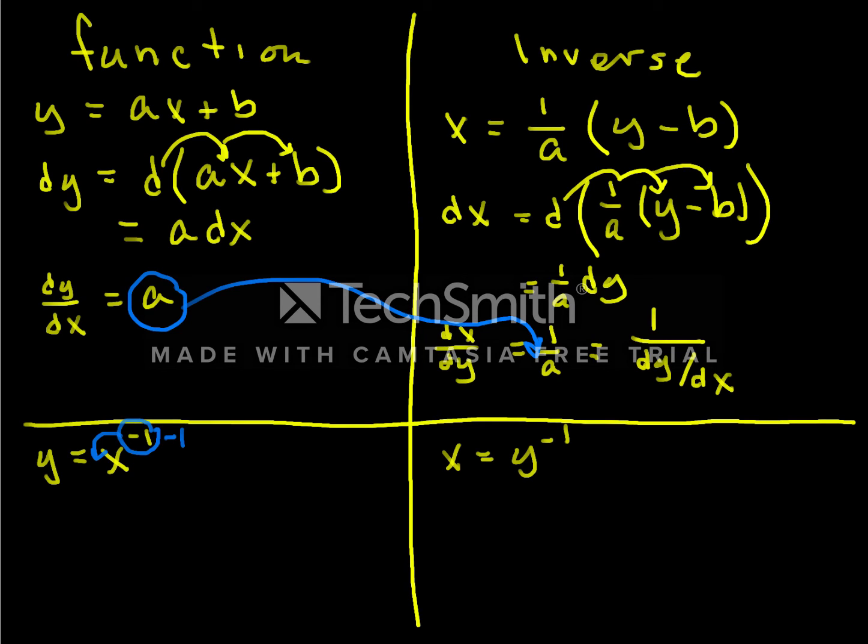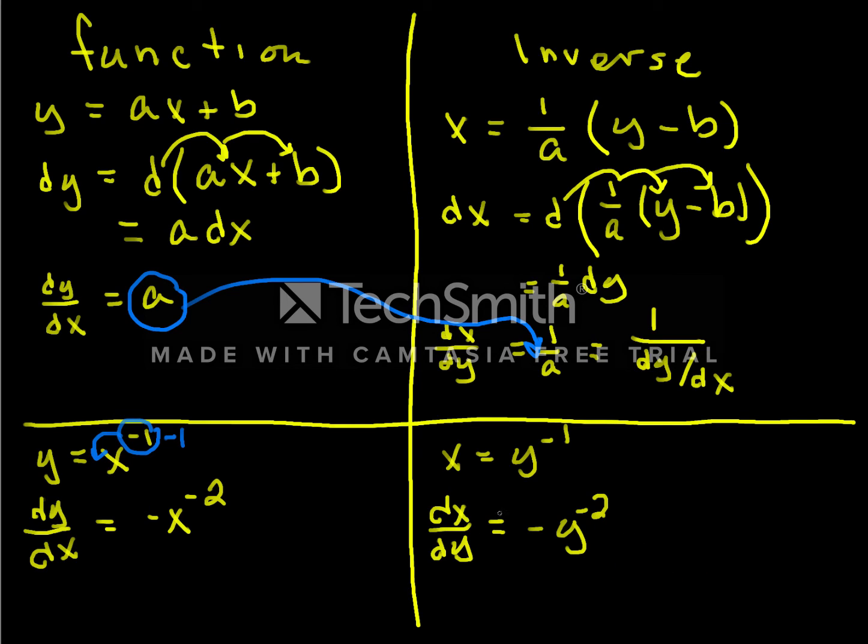So dy/dx is just negative x to the minus 2. Similarly over here, all I've done is switch the variables, so with the same power rule, dx/dy is equal to negative y to the minus 2.